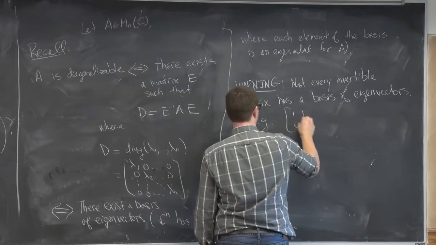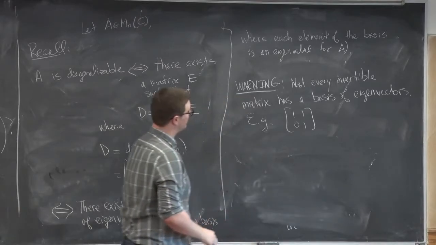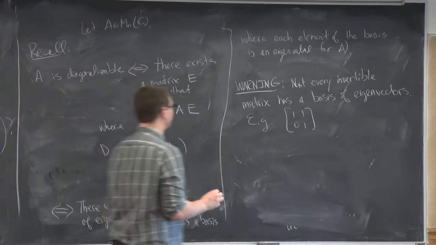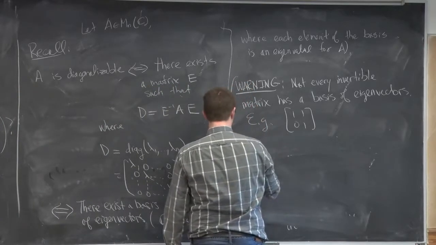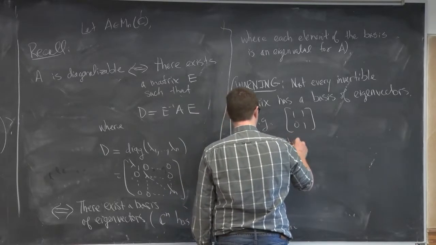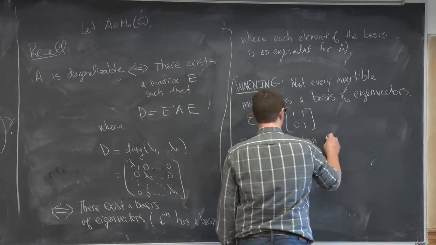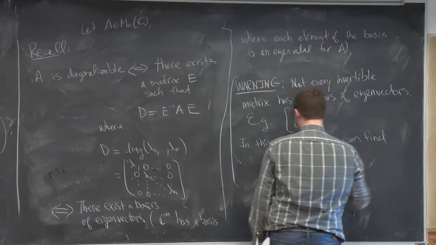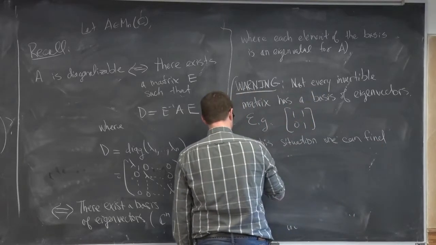You look at something like this. This is a matrix that doesn't have a basis of eigenvectors. And in this situation, when you don't have a basis of eigenvectors, one can find so-called generalized eigenvectors.